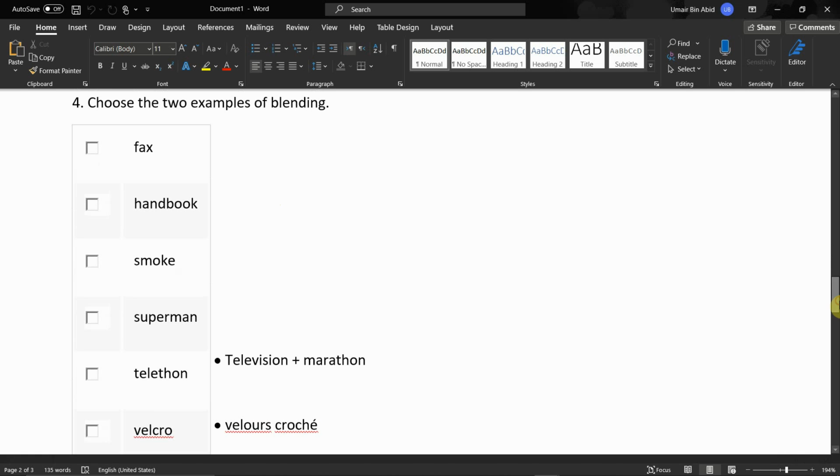Question 4. Choose the two examples of blending. What is blending? We know when there are two words, and some element of the first word and some element of the second word is taken and a new word is made. Facts is actually an example of clipping. Handbook is an example of compounding. Smoke is a root word already.